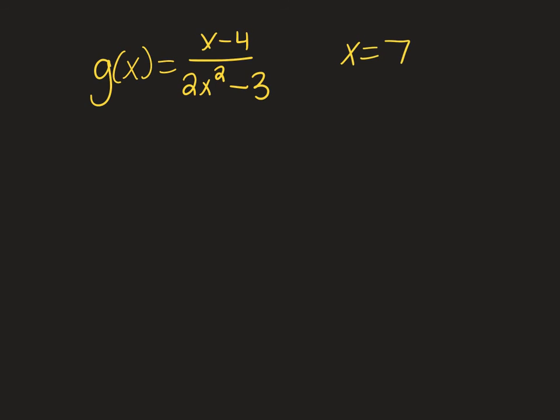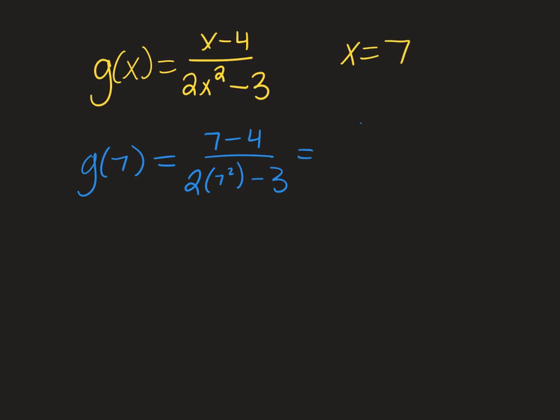So let's look at part B there. It says g of x is equal to x minus 4 over 2x squared minus 3 at x equals 7. So again, that just means we're plugging in a 7 for x and simplifying. So we're going to have 7 minus 4 over 2 times 7 squared minus 3.